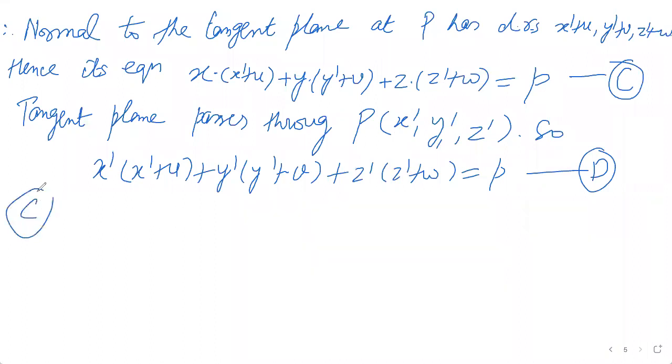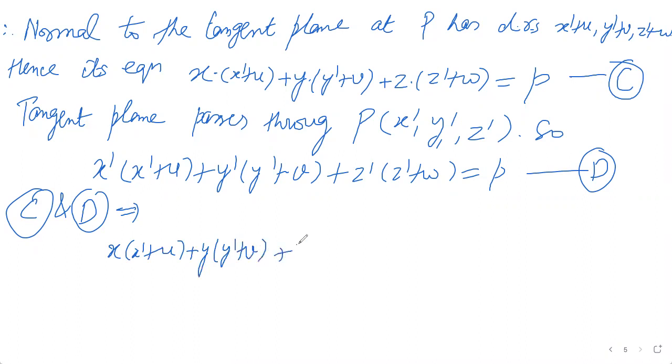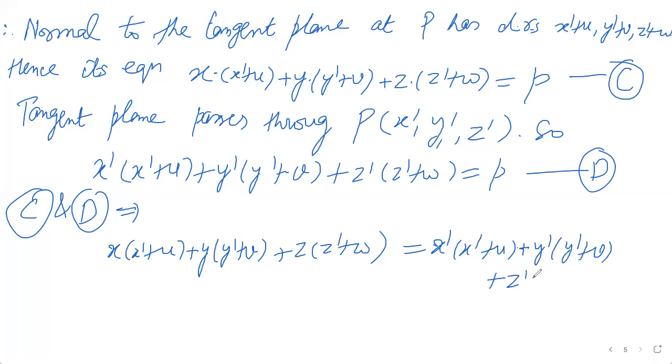So c and d imply, because these are the values of p, the left hand side x of x dash plus u is equal to how much? This x dash plus u plus y dash plus v plus z dash plus, now you just have to solve this. You will be getting your answer. The value of p we have put or compared, so you will be getting.